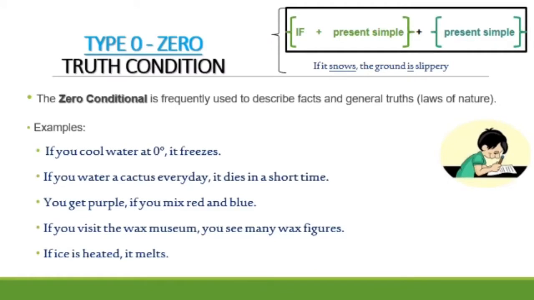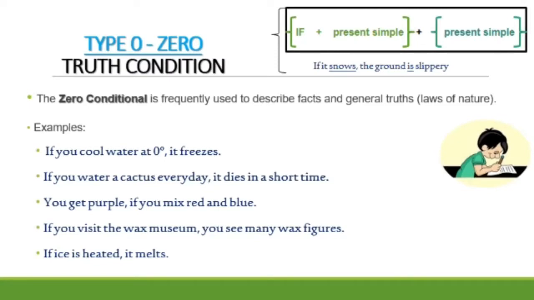Let's summarize here. Type 0 is a truth condition: if plus simple present plus simple present. At the beginning you can see the if clause, which should have the verb in the simple present form.